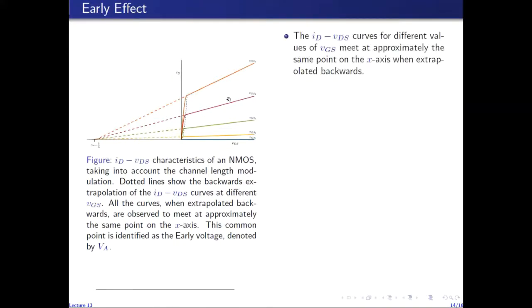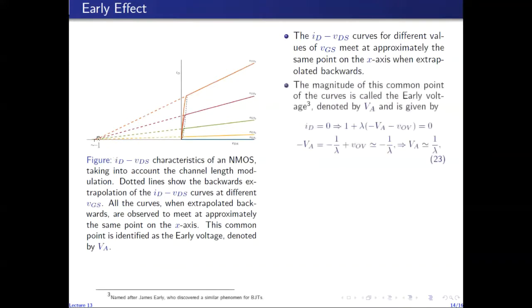All of these different curves, which correspond to different VGS values, when we extrapolate them backwards, can be seen to intersect at approximately the same point. I say approximately because we can actually find this intercept. This intercept is found by setting the total drain current to 0, and the total drain current is 0 when this new factor is equal to 0.